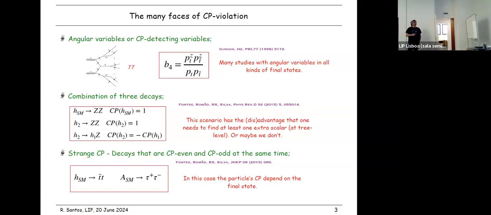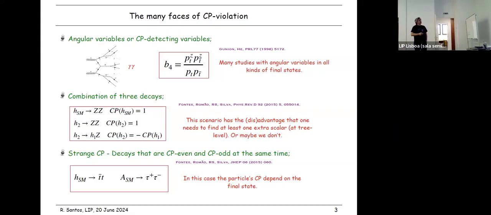You see there's a ttH coupling here, and we know already that the Higgs is not a pure CP-odd scalar, but it can have a small component of CP-oddness.